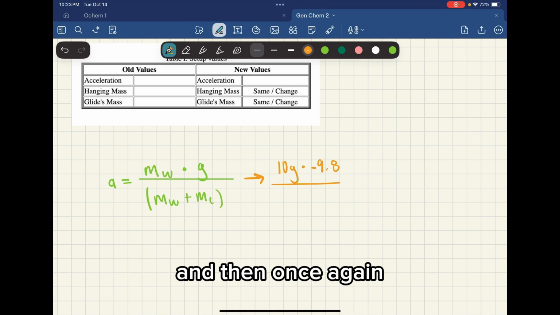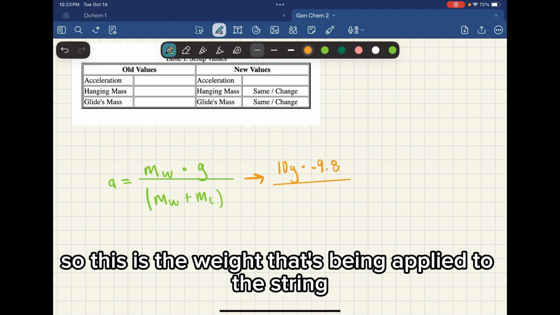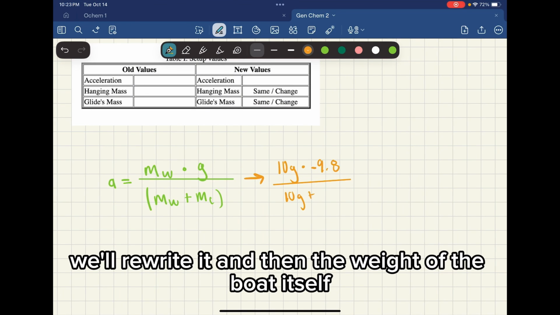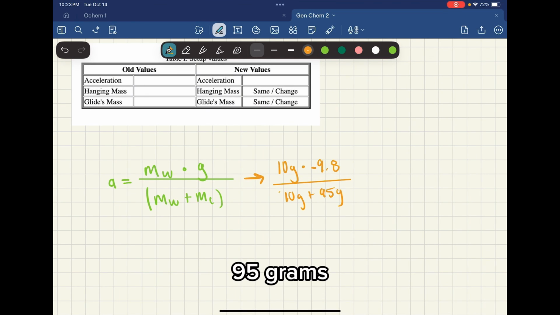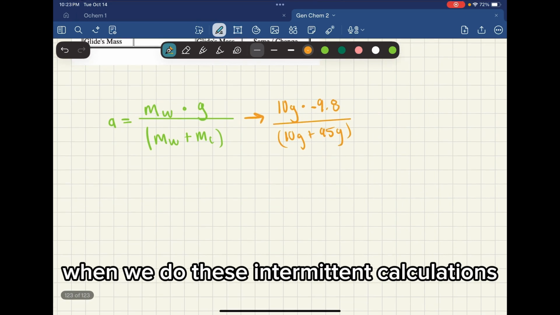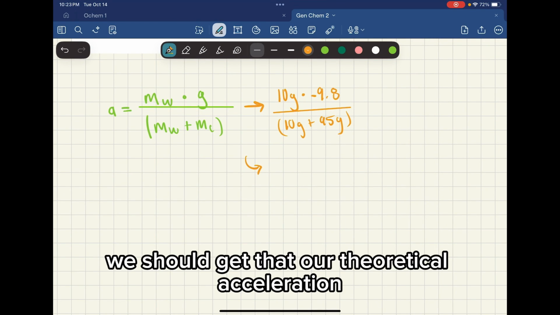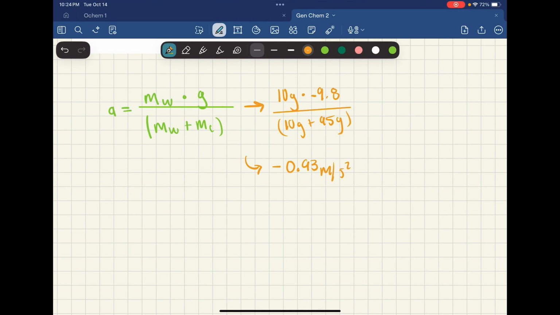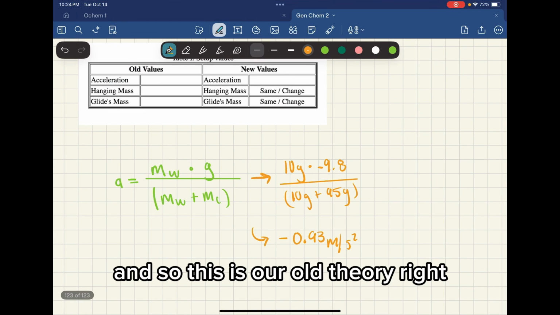This is the weight being applied to the string, and then the weight of the boat itself, 95 grams. When we do these intermittent calculations, we should get that our theoretical acceleration is equal to negative 0.93 meters per second squared.